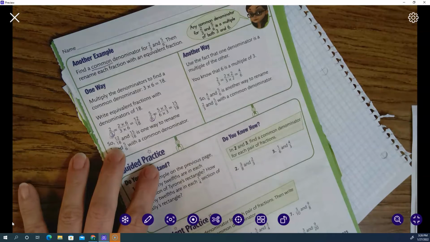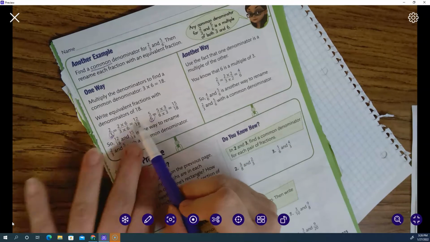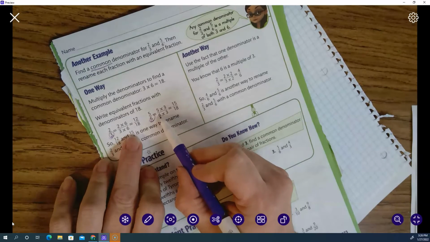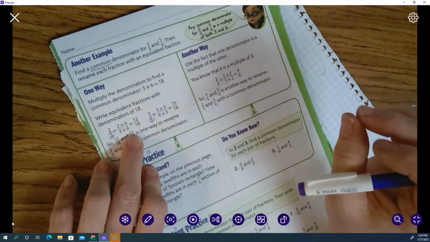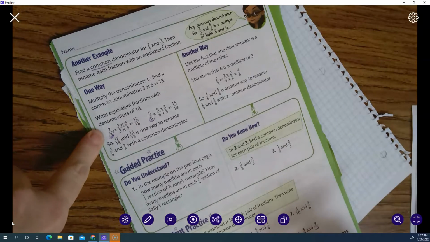You could think to yourself, I know that 3 times 6 is 18, and over here 6 times 3 is 18. That's usually the quickest way to do it, because you don't have to think about all the different multiples. This is the way I would prefer you do it, just because it's quicker.